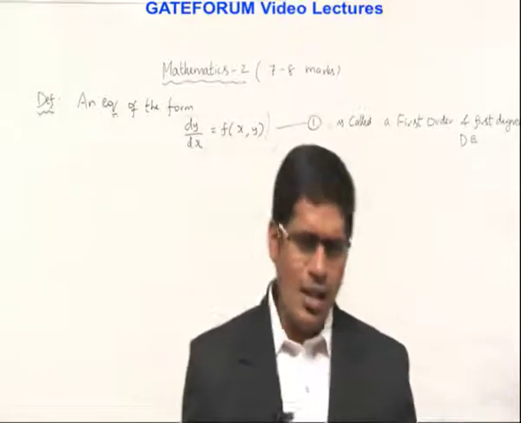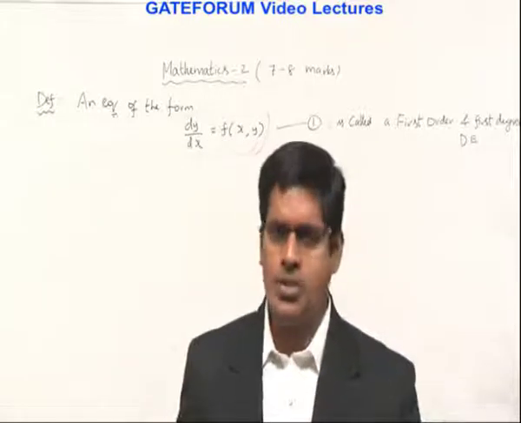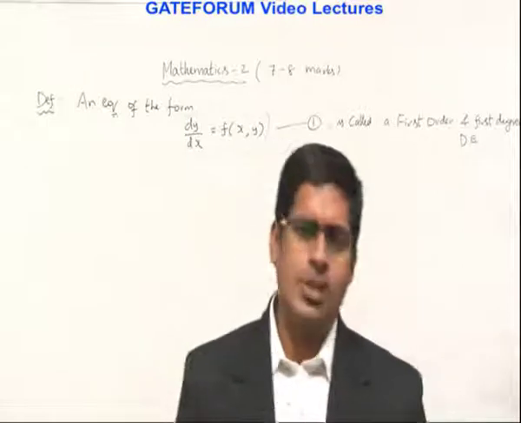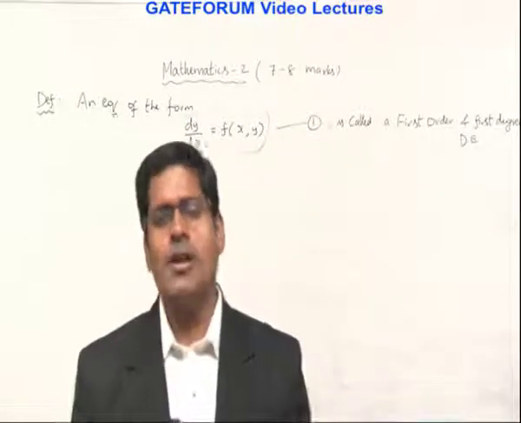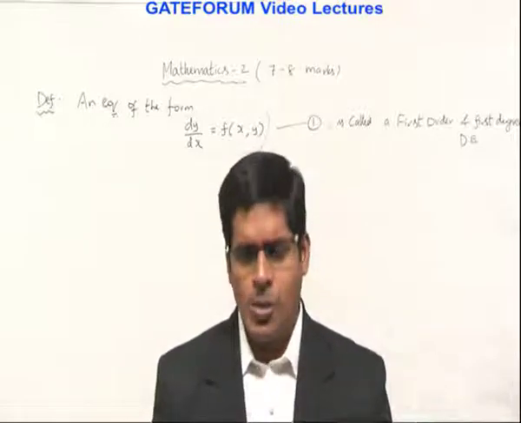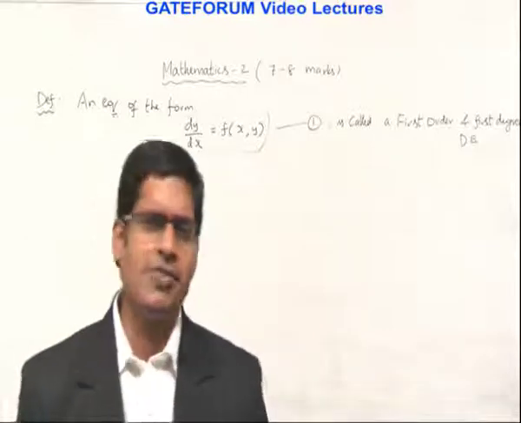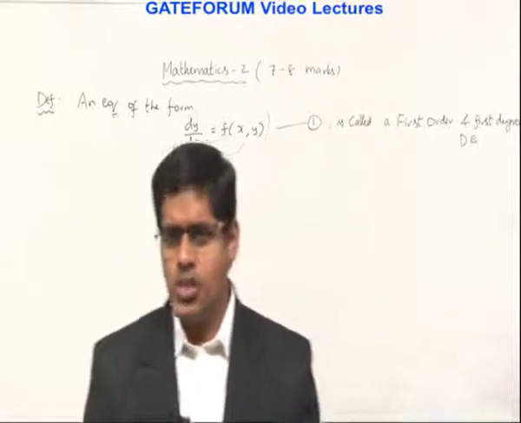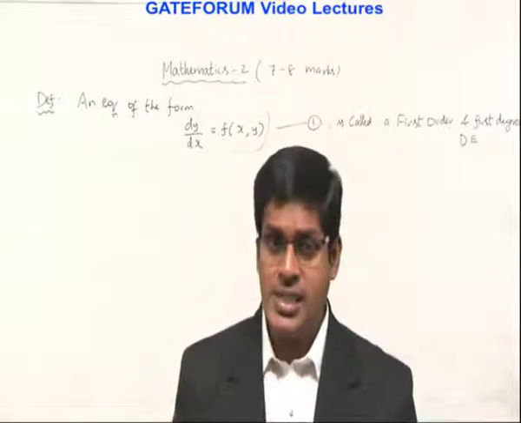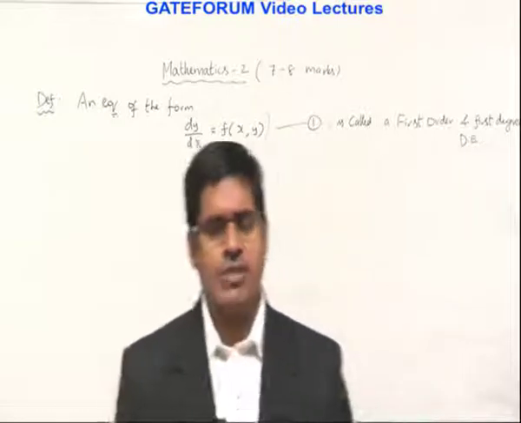In this, generally we are seeking the general solution or a particular solution. Now what is a general solution and a particular solution? A solution is called a general solution if the number of arbitrary constants in it is equal to the order of the corresponding differential equation.